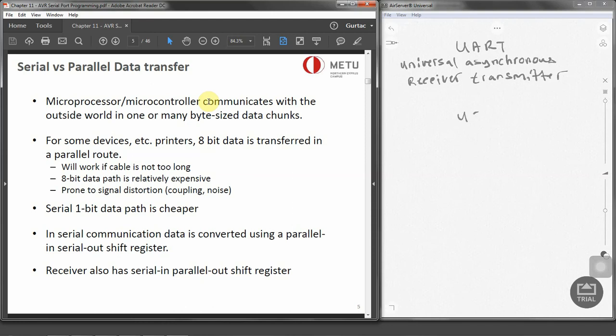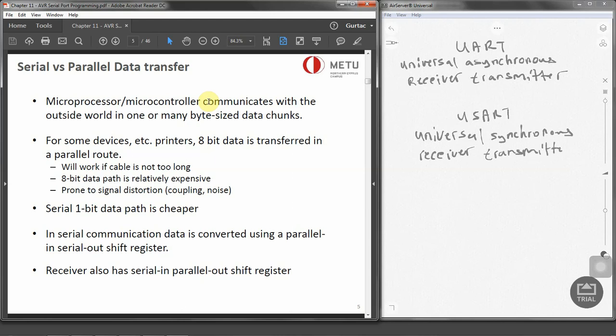And USART is Universal Synchronous Asynchronous Receiver Transmitter.